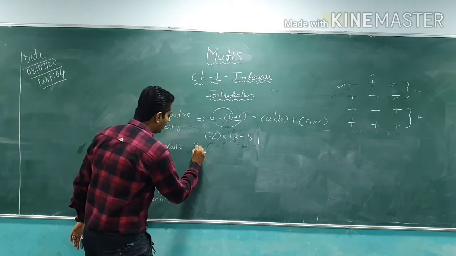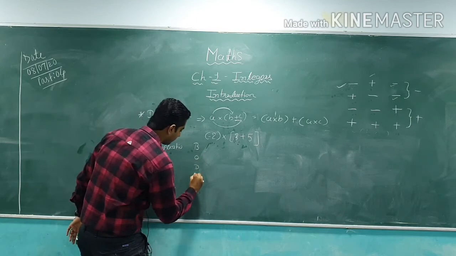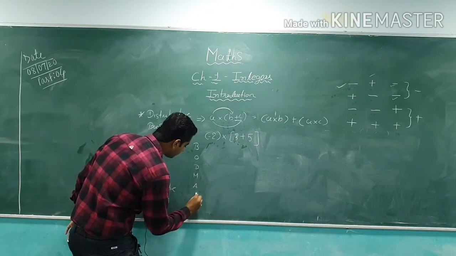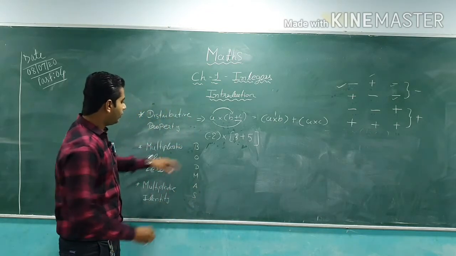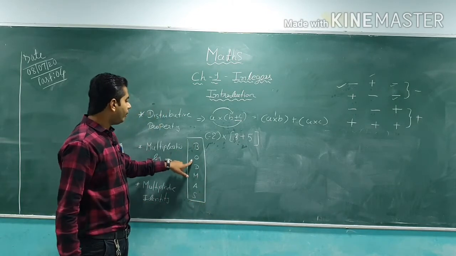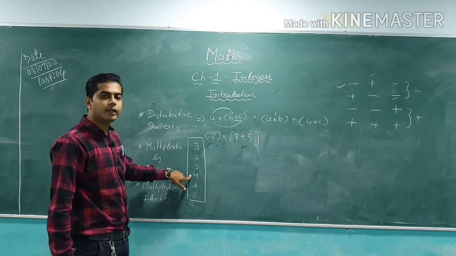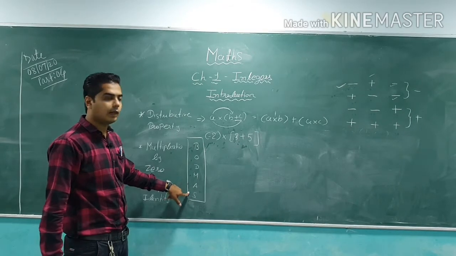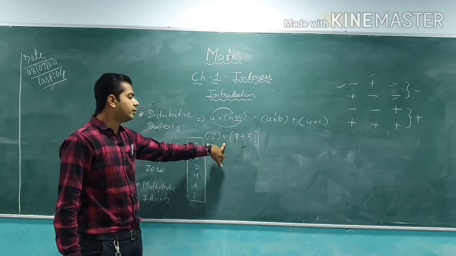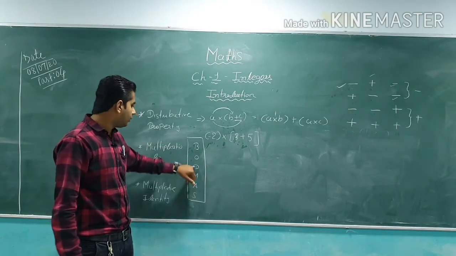If you don't know, I will write here. So you know BODMAS: brackets, of, then division, then multiplication, then addition, and lastly subtraction. So in these terms we have two operations, addition and multiplication. So what should I do first here?